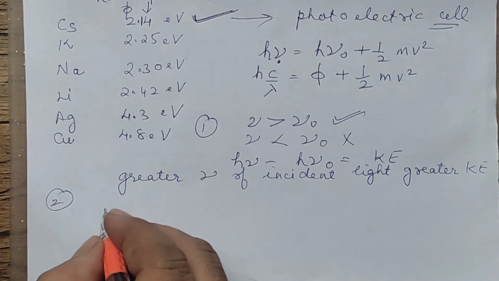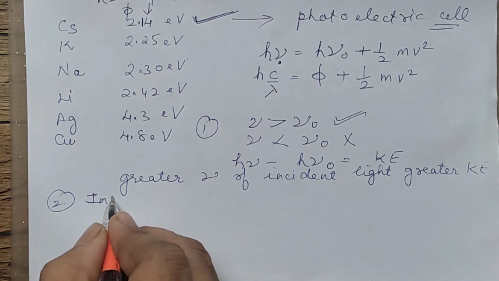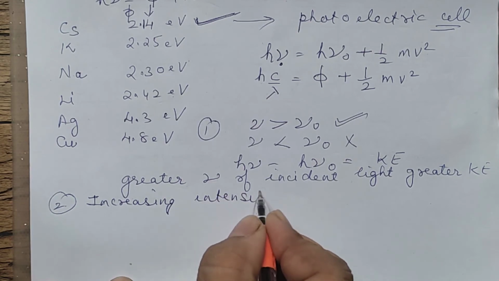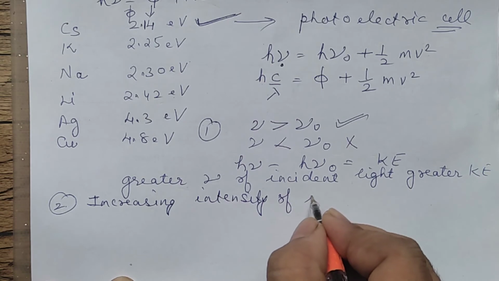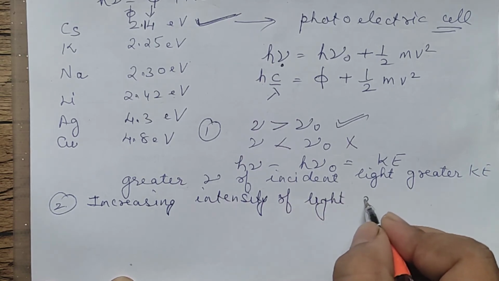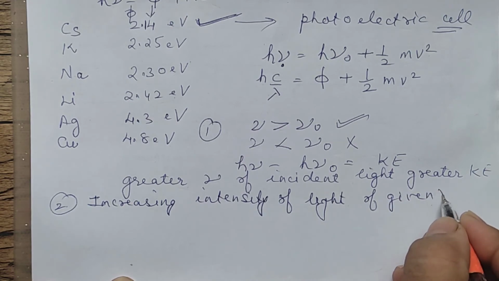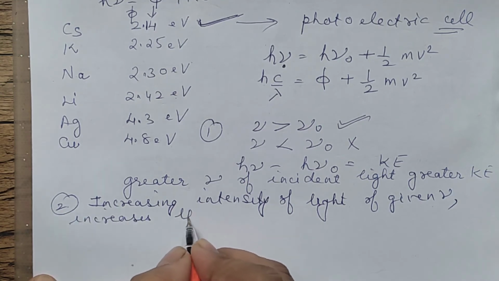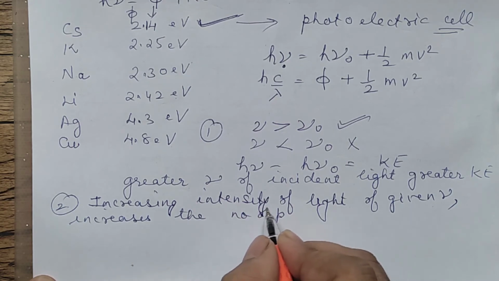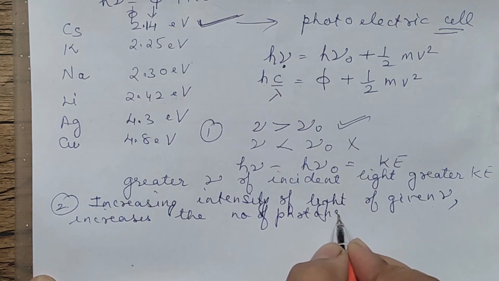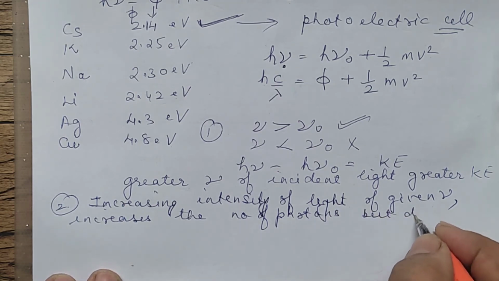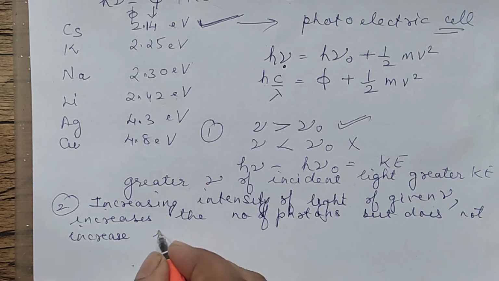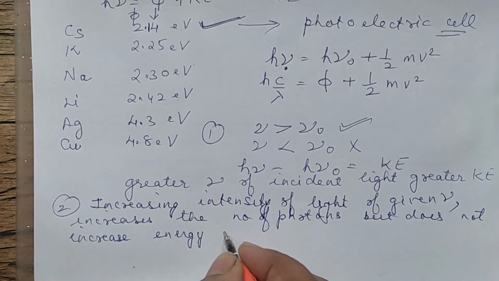The second conclusion: increasing the intensity of light of a given frequency increases the number of photons, but does not increase the energy of the photon.